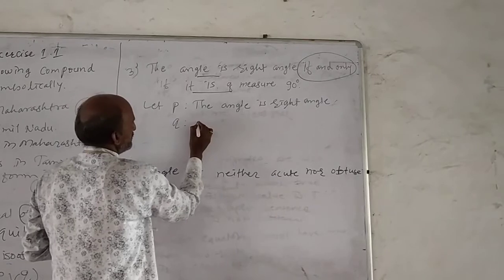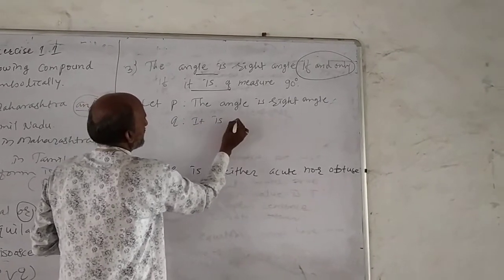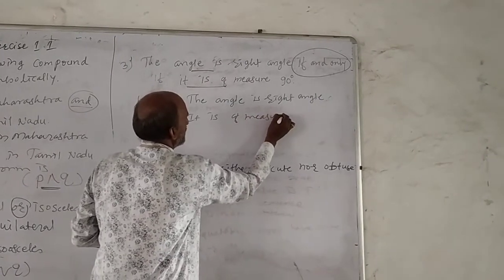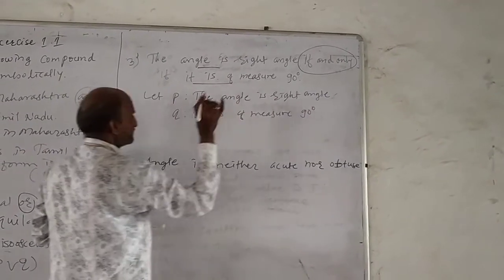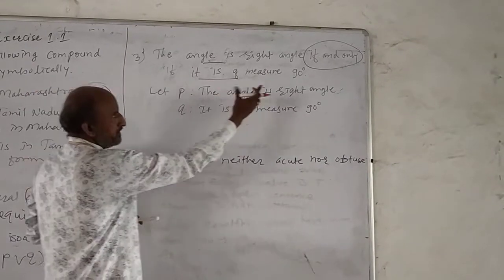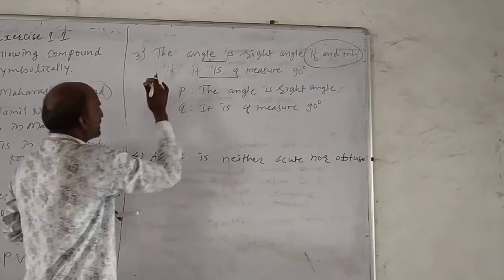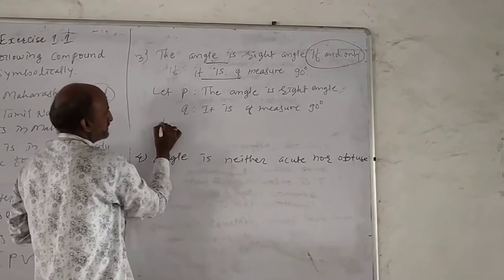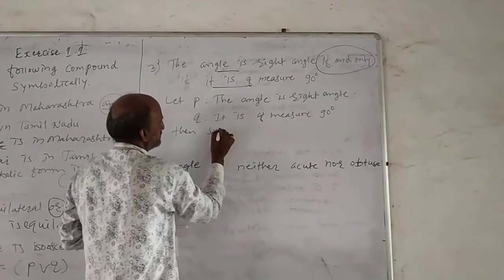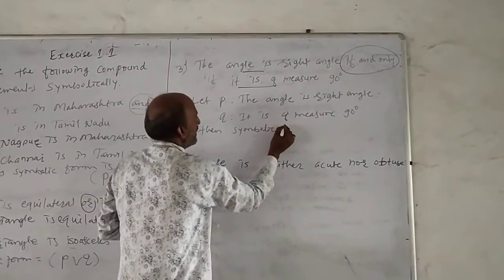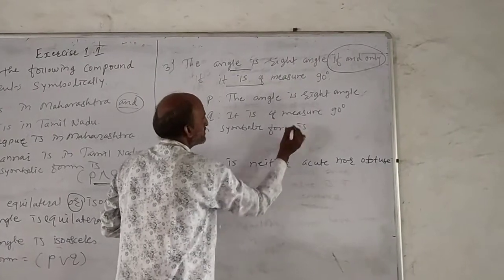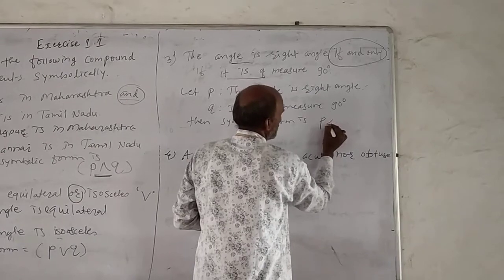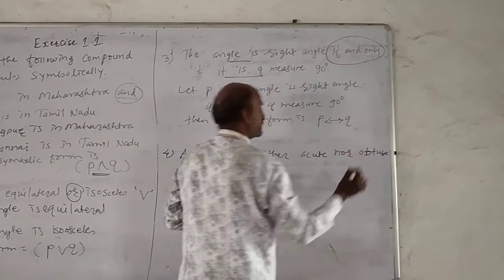Statement Q, it is of measure 90 degrees. The connective is what? If and only if. Then the symbolic form is statement P if and only if Q, meaning biconditional.